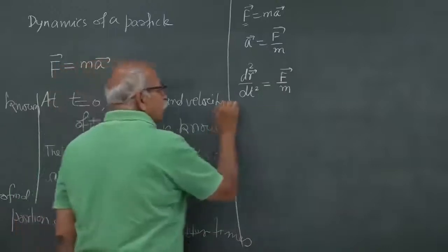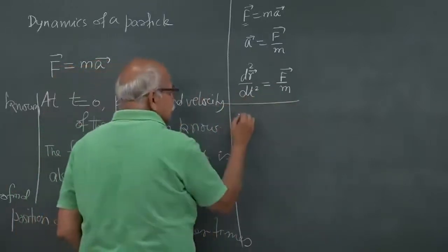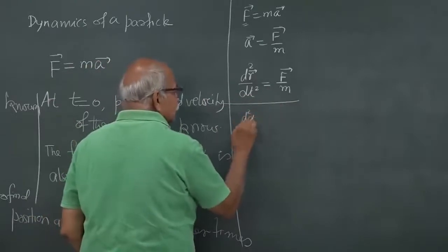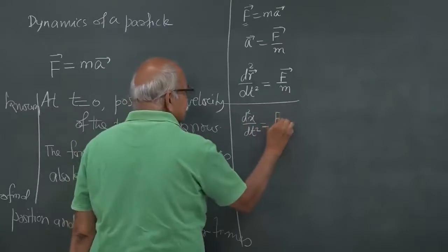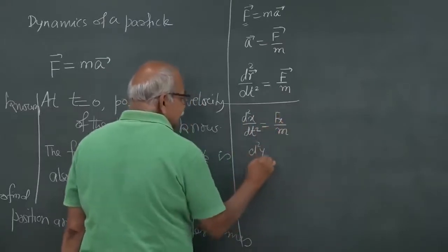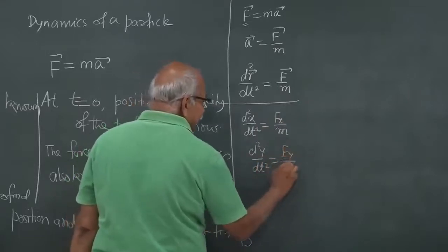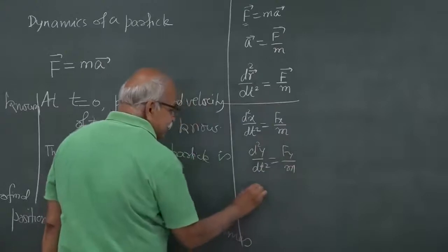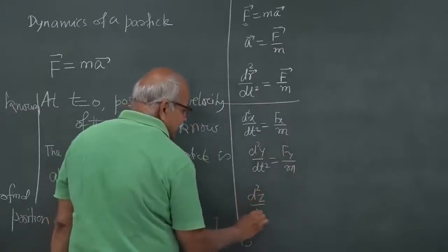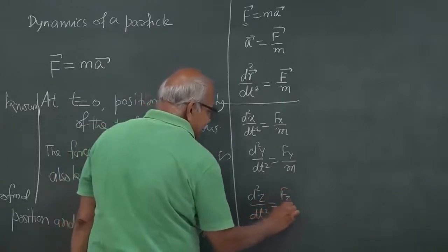If you write in Cartesian component form, you have three equations: d2x/dt square is equal to Fx by m, d2y/dt square is Fy by m, and d2z/dt square is equal to Fz by m.